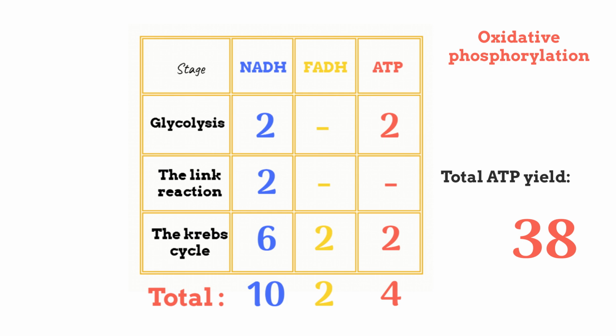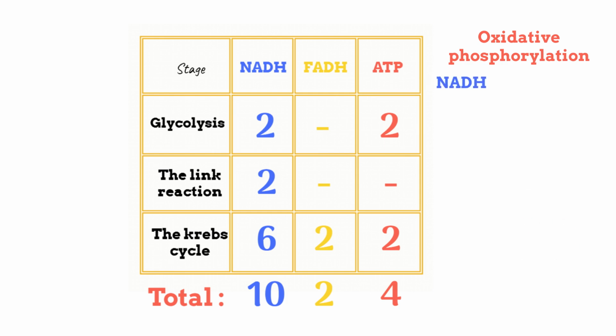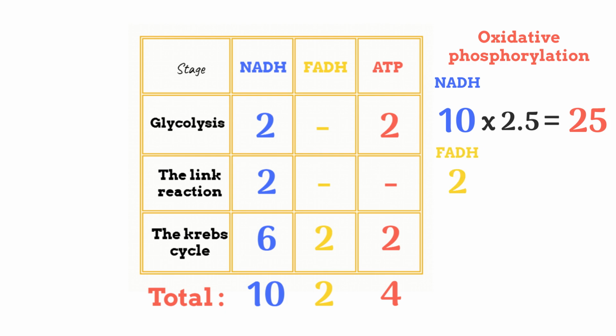If we take the second theory, again, we have 10 reduced NADs in total from the 3 first processes. And if each one produced this time 2.5 ATPs, 2.5 times 10 is 25. So we'd have 25 ATPs, and then we have 2 reduced FADs.